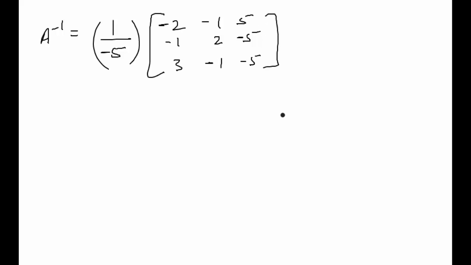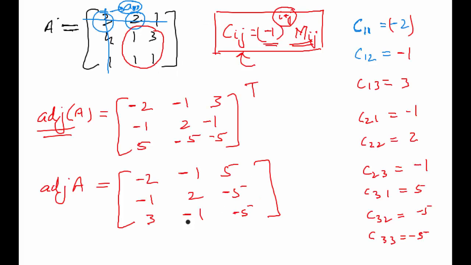Okay, so A inverse will become 1 upon minus 5 and will be multiplied by the resultant matrix minus 2, minus 1, 5, minus 1, 2, minus 5, and 3, minus 1, minus 5, right? Okay, so this value is taken directly from here, the adjoint value, right?